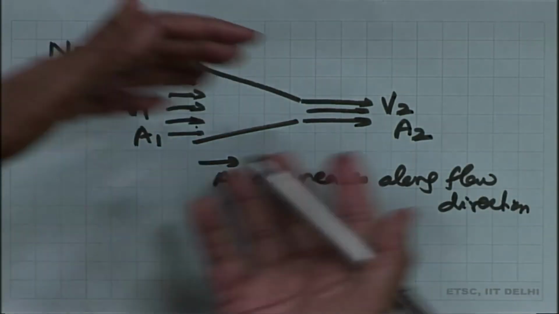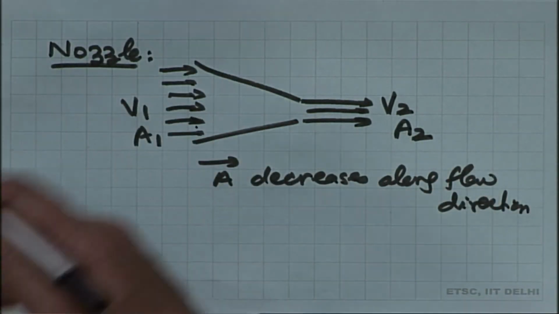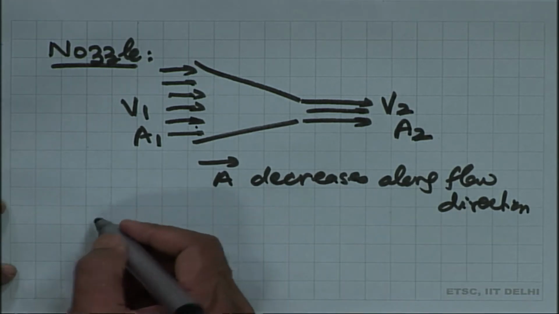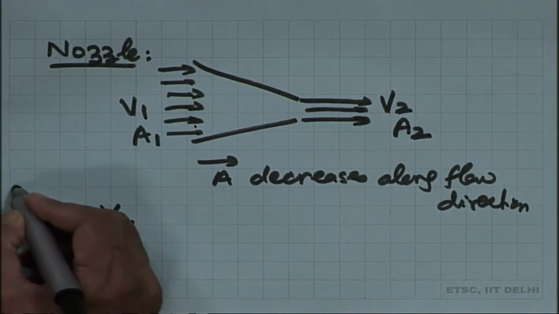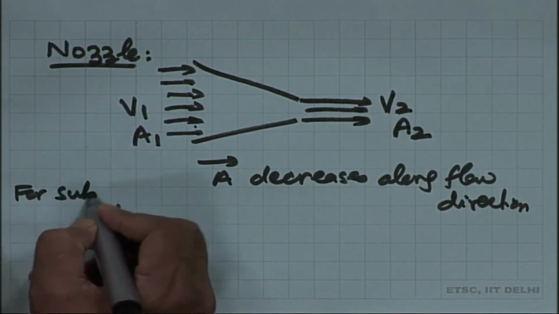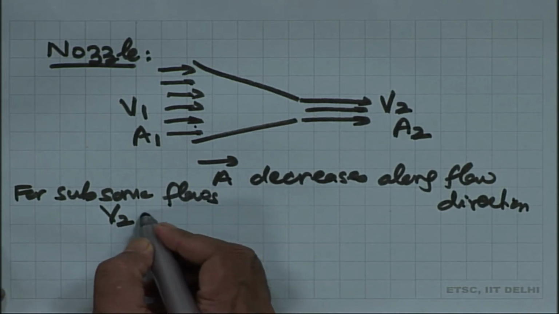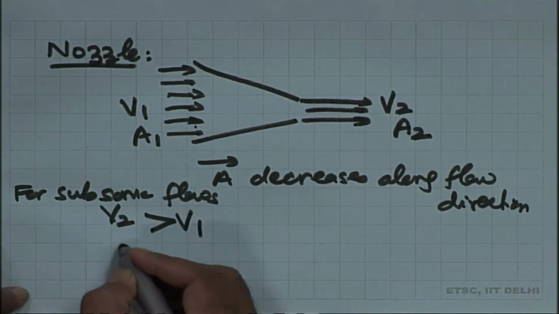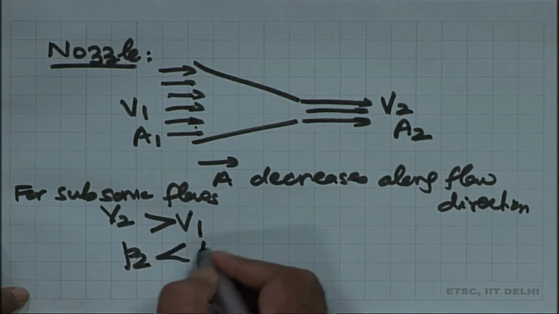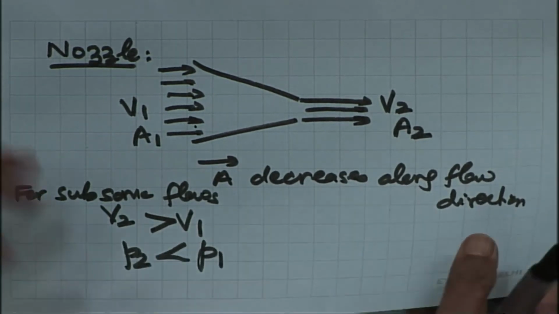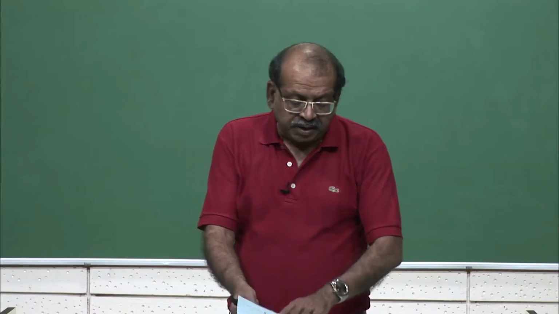Of course, the shape need not be linear, it could be some function, but it is a monotonically increasing or decreasing area. If it is decreasing, then for subsonic flow this is a nozzle, and here what we will find is for subsonic flows V 2 is greater than V 1 and P 2 is less than P 1. So, now this is a nozzle and a diffuser.